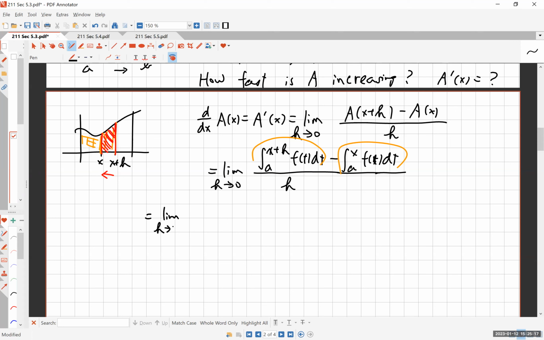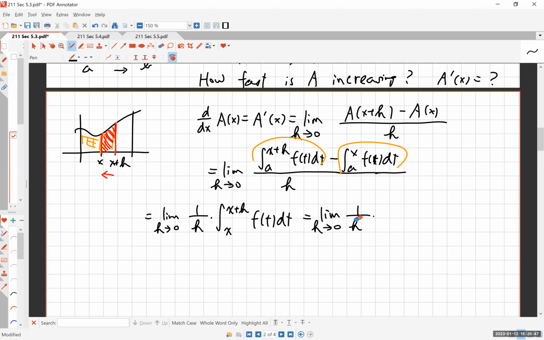So you can rewrite this as the limit as h approaches 0 of 1 over h. And let's go ahead and write down this other part here. That part is going to be the area from x to x plus h of f(t) dt.